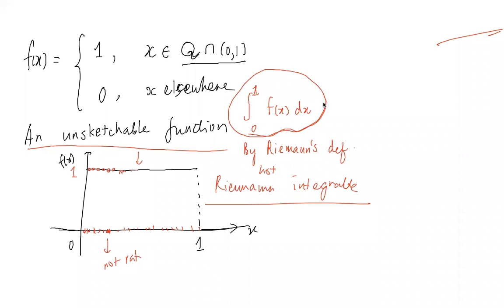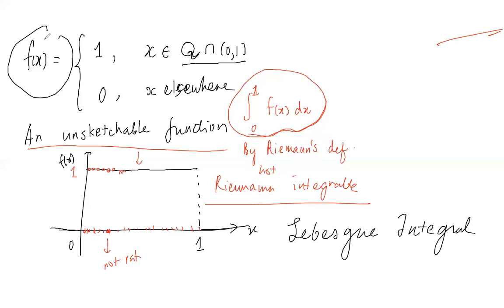The framework that we are going to study today is called the Lebesgue integral, and using it, we are going to show that the integral of this function is equal to 0. But first we need to define what the Lebesgue integral is.